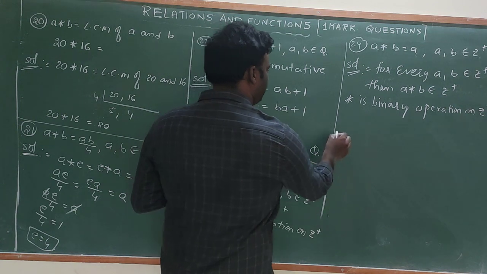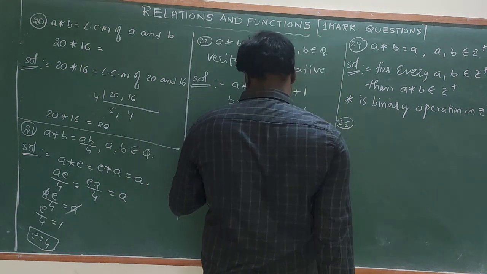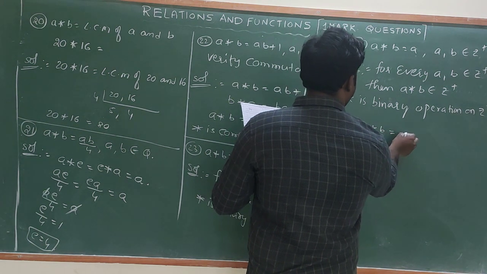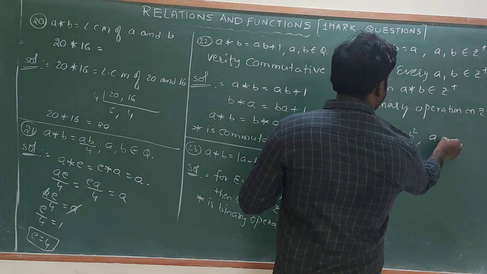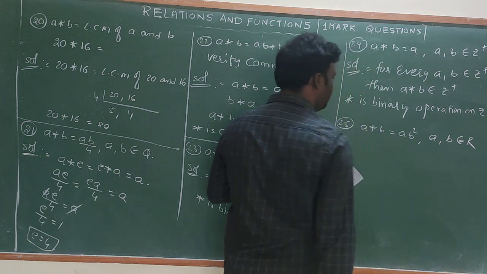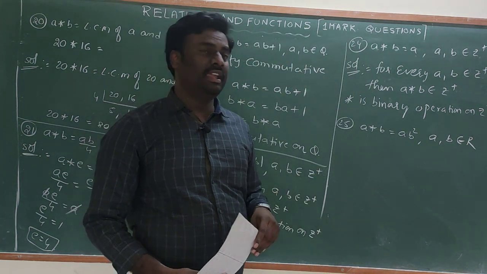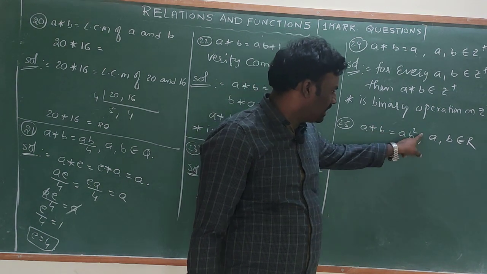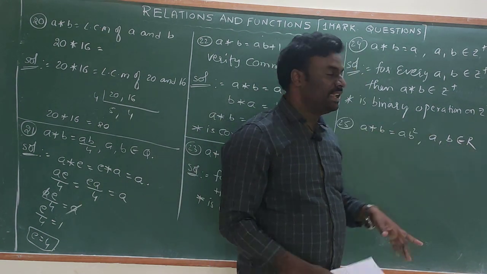Next, 25th, last question. A star B equals AB square, then A comma B belongs to R. R means what? Real numbers. If in place of A and B, if I take any value, the resultant value is also a real number.